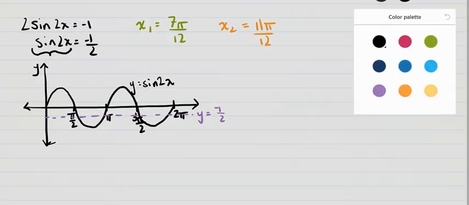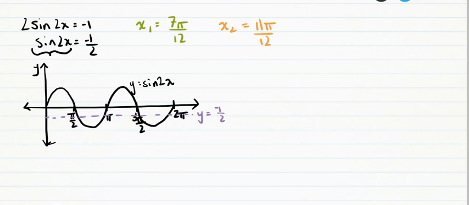So I can see on this graph now that the first two solutions we found are where these two graphs intersect, so where y equals -1/2 intersects with y equals sine 2x. The first point where they intersect is here, and that's the first solution that we found, 7 pi over 12. Okay, so that's x1. Here's the second point of intersection, and that's a little bit less than pi, so it makes sense that that's our x2 value, which is 11 pi over 12, just a little bit less than pi.